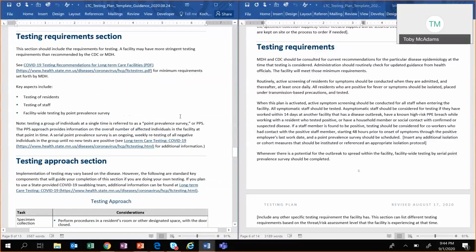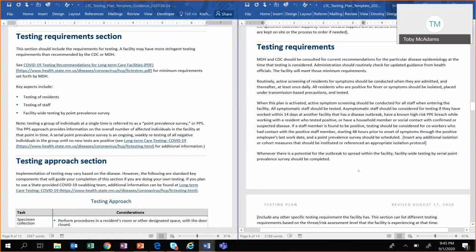Testing requirements, as I mentioned, has to do with what the guidelines and guidance being put forth by the state and the CDC are in regards to testing. Every disease will be different. We know that right now with COVID, there are very specific testing requirements that need to be in place. So this is where we make the assumption that you know how to access that information and that you need to be informed of it.